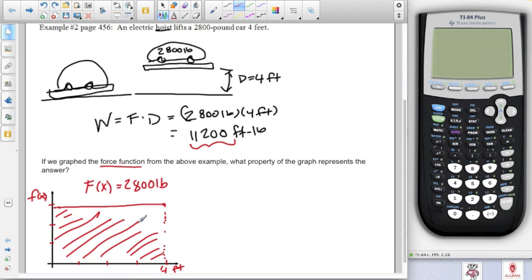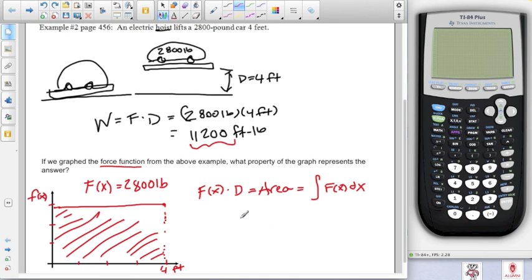And therein lies the connection to calculus: if the product of the force function and the displacement ends up being the area of the shape, then we must be able to get that value for a non-constant force by integrating that force function over that incremental distance traveled.